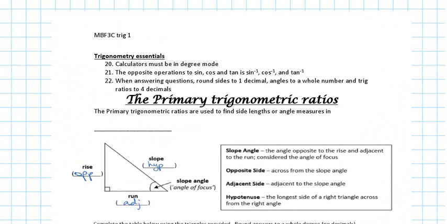Subtraction. What's the opposite of multiplication? Division. What's the opposite operation of square? Square root. Right? What's the opposite operation of sine? It's sine inverse. Okay? So it's the same idea. If you think about addition, subtraction, multiplication, division, the sine inverse is the opposite operation of sine. Cos inverse is the opposite operation of cos. Tan inverse is the opposite operation of tan.